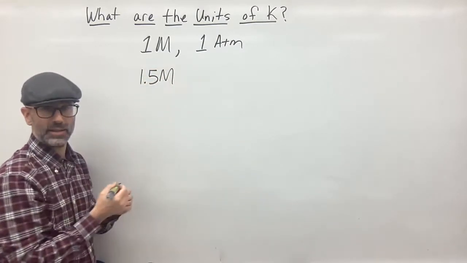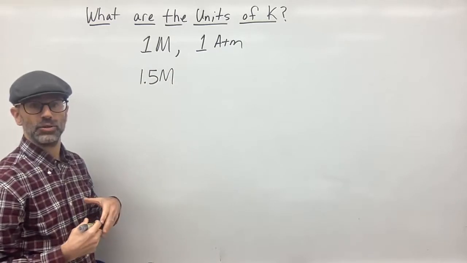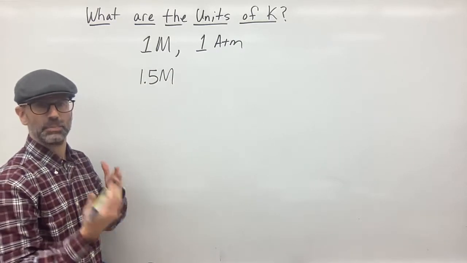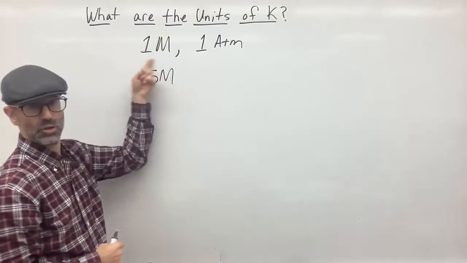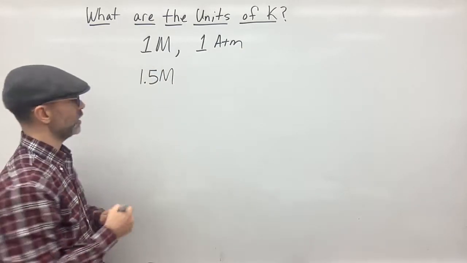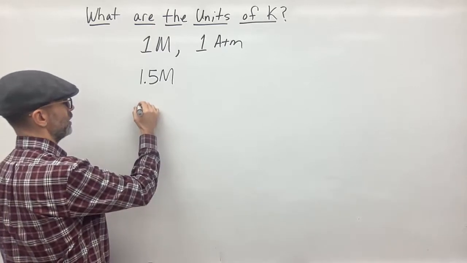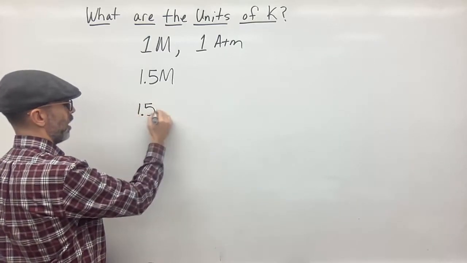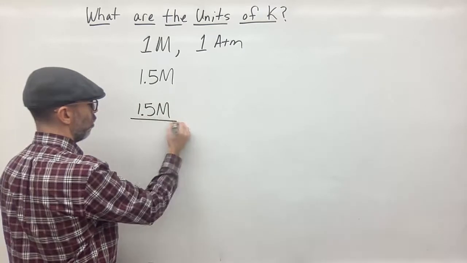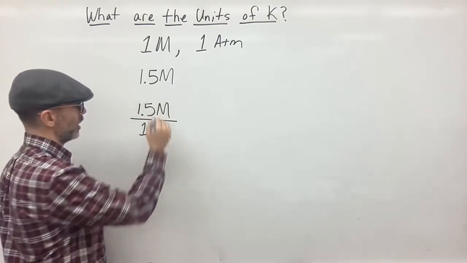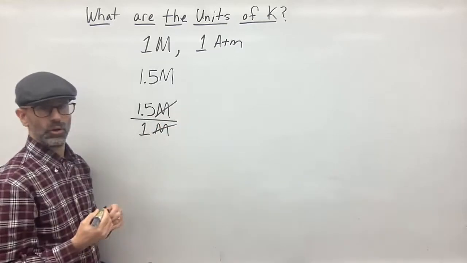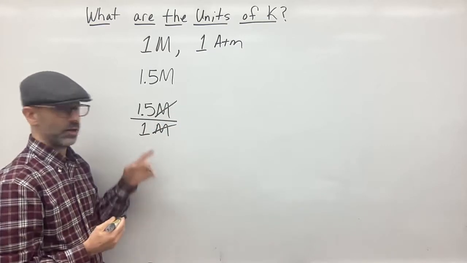When you put that into the equilibrium constant expression, it's put in as a ratio in reference to the 1 molar reference. So that becomes 1.5 molar over 1 molar, and the units for molarity cancel out.